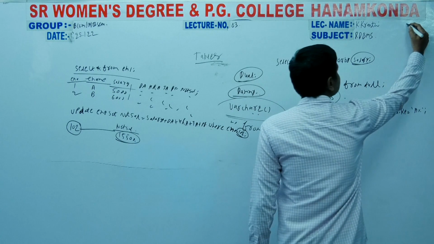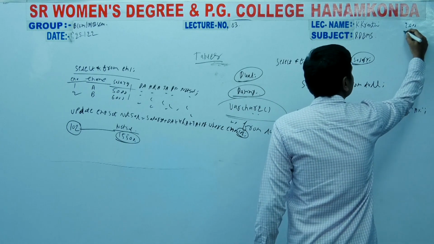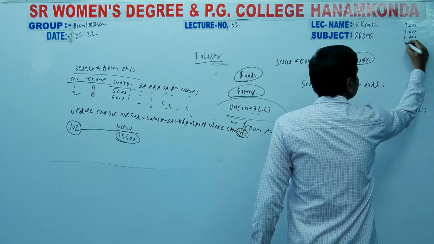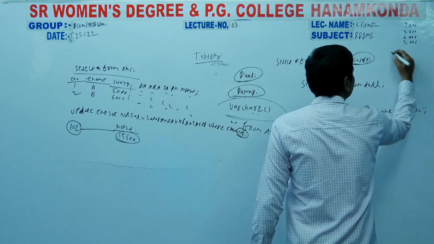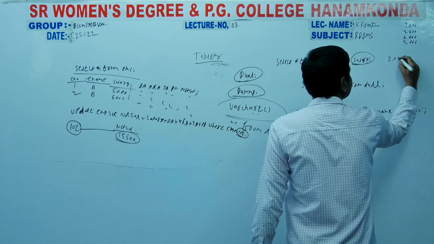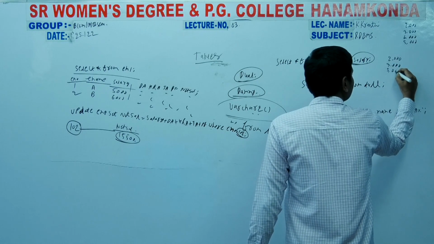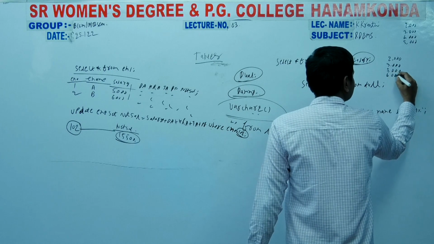For example, we have salaries like 2,000, 3,000, 6,000, and 5,000. The data will be sorted, so it becomes 2,000, 3,000, 5,000, and 6,000.